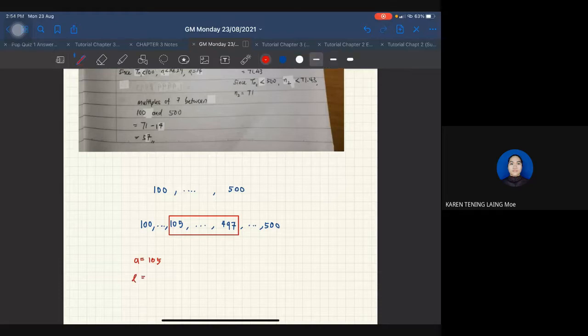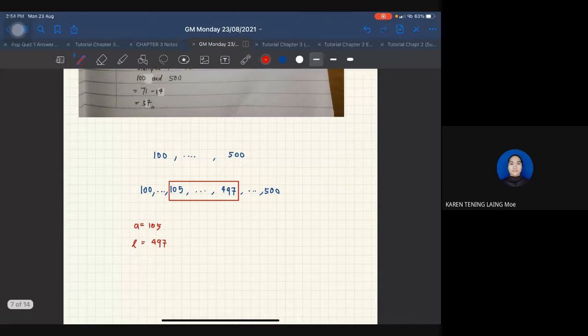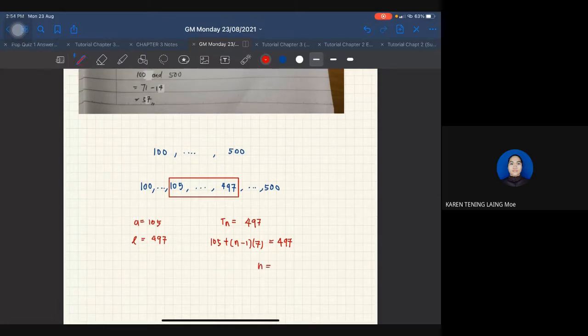So L is equal to 497, and we want to find N. We know that our Tn is equal to 497. Just substitute into the formula A plus (n minus 1)d. Your A is 105, n we don't know, so n minus 1, and our d is 7, equal to 497. If you calculate this, you will still get the same answer, which is n equal to 57.